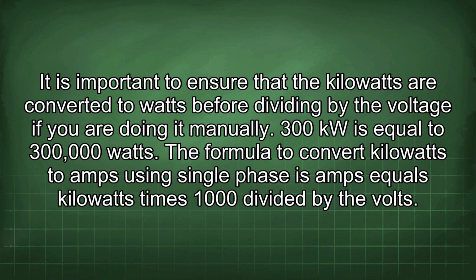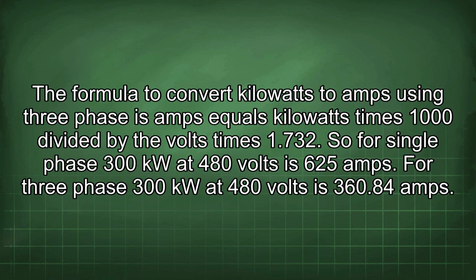The formula to convert kilowatts to amps using single phase is amps equals kilowatts times 1000 divided by the volts. The formula using three-phase is amps equals kilowatts times 1000 divided by the volts times 1.732. So for single phase, 300 kW at 480 volts is 625 amps.